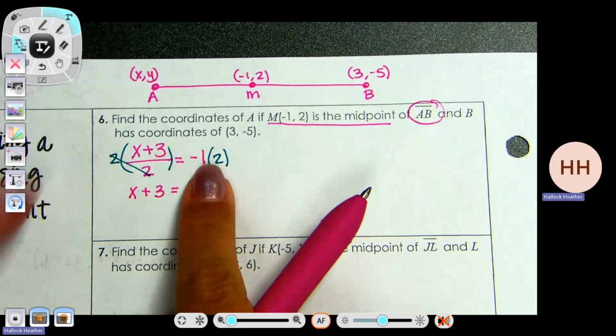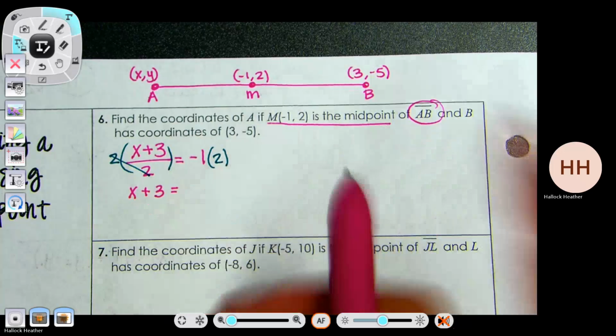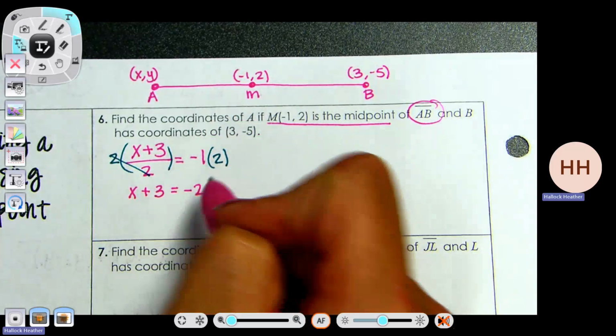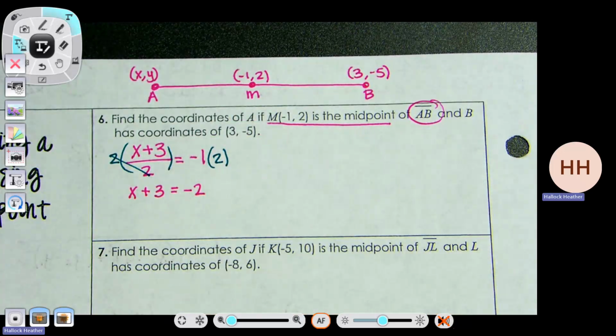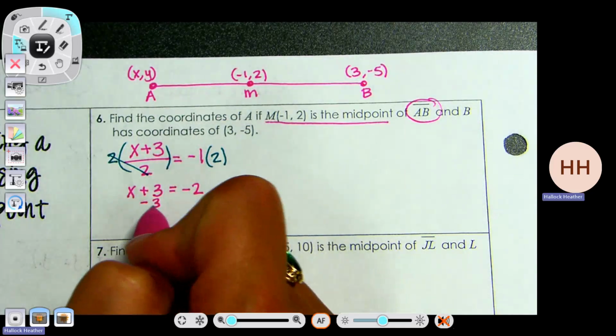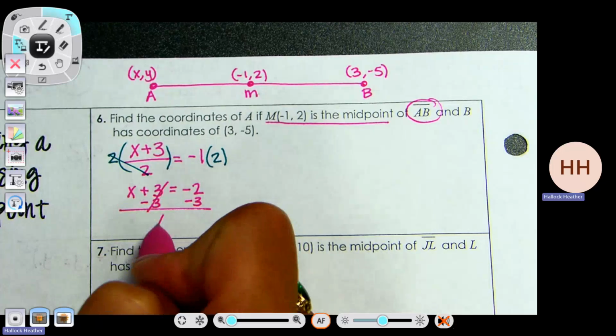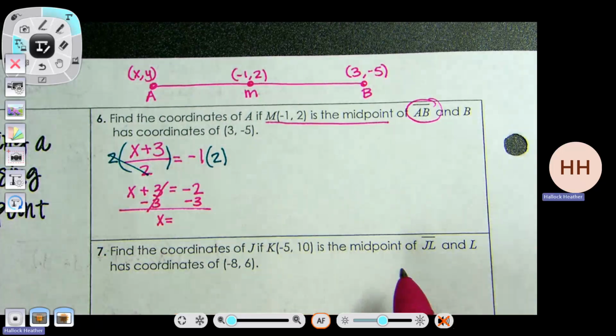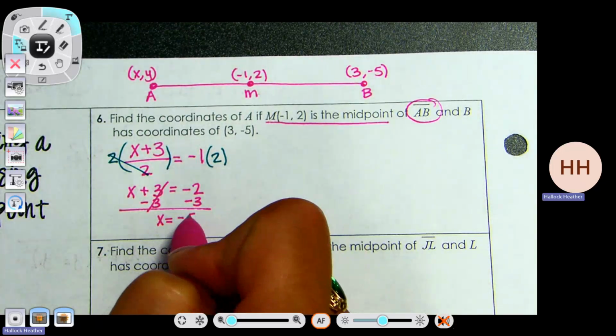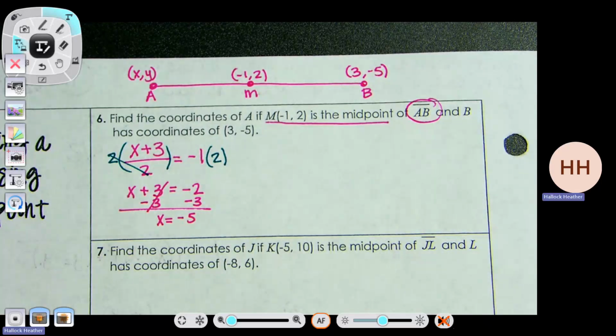Over here, what's -1 times 2? -2. Now it's a one-step equation. How do I get X by itself? Subtract 3. So X equals -5.